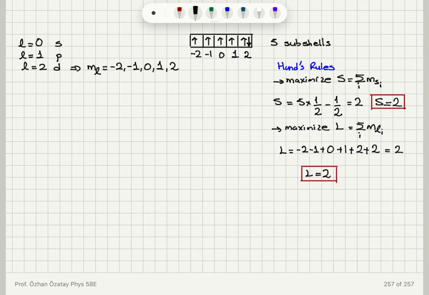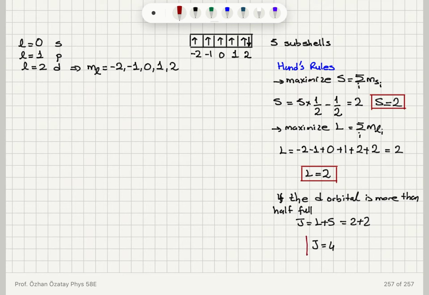And then Hund's third rule, if the d orbital is more than half full, we have J equal to the sum of L and S, so it's going to be 2 plus 2, so we will find that J is equal to 4.